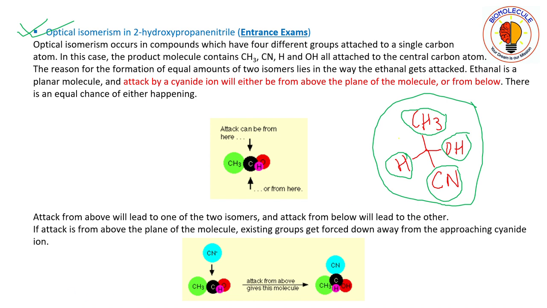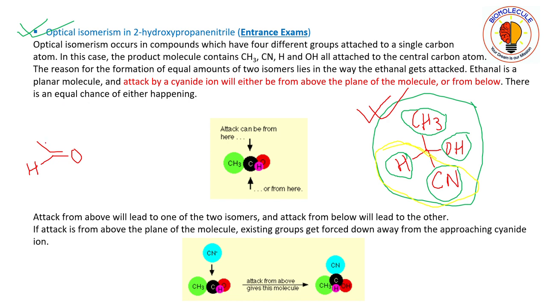So if you remove this hydrogen and cyanide, what you will get is ethanal. If you react it with hydrogen cyanide, we will end up with this 2-hydroxypropanenitrile, this cyanohydrin.